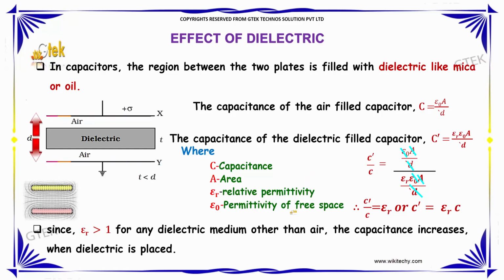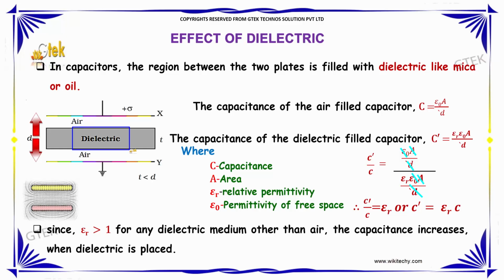Now let's discuss the effect of a dielectric. In a capacitor, the region between the two plates, which you can see here as X and Y, is filled with a dielectric such as mica or oil.